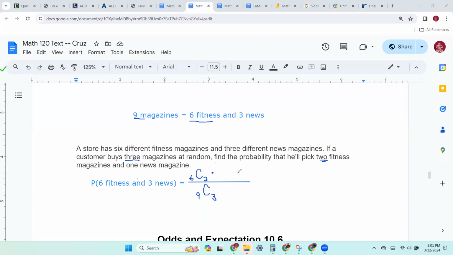That means multiply, and. All right. Now we're picking from 3 news magazines. We're picking 1. So there's 3 total news magazines, and we're picking 1. So up here, this is the fitness, and this one over here is the news. Okay.